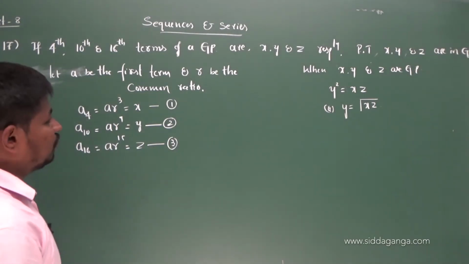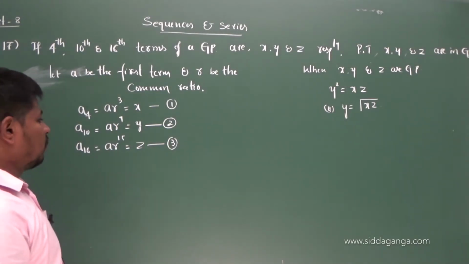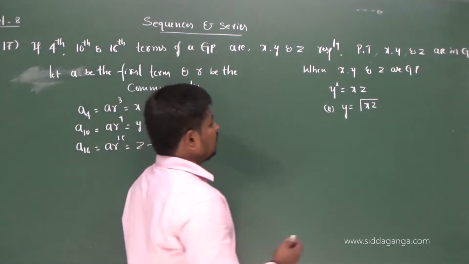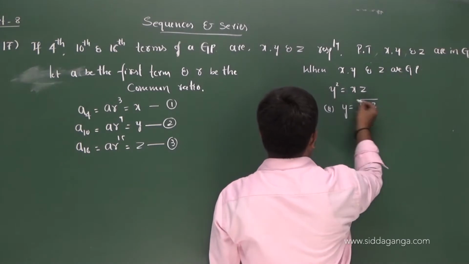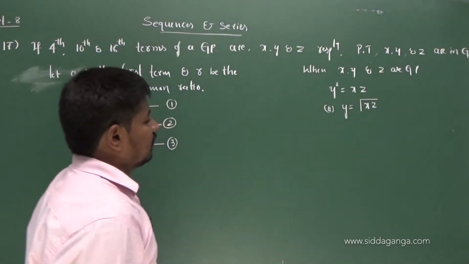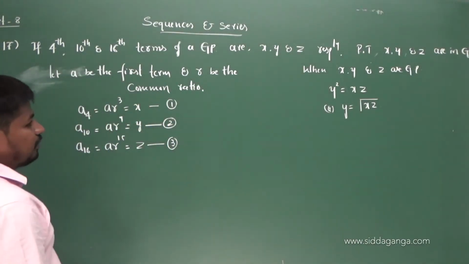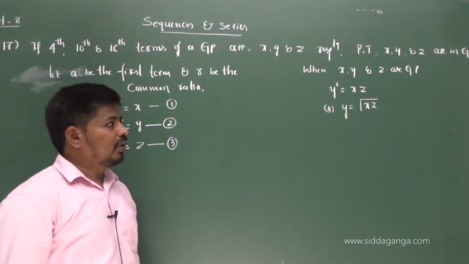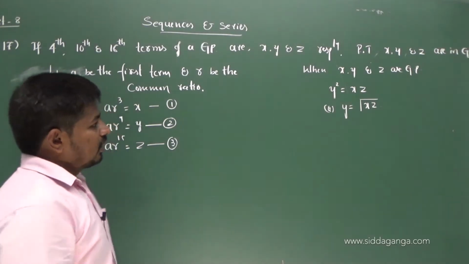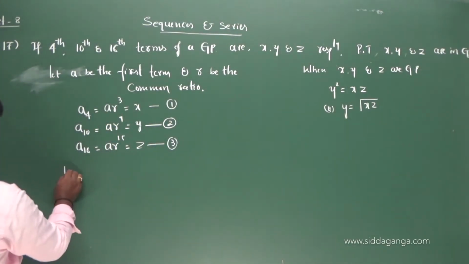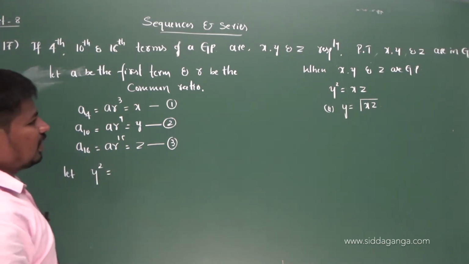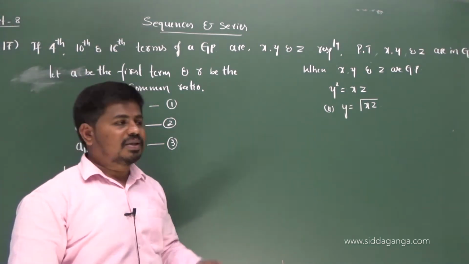Now we have to prove x, y, z are in GP. We know the condition for GP: when three numbers x, y, z are in GP, then y is called the geometric mean of the numbers x and z, and it is given by y square is equal to xz, or y is equal to root of xz. So let me take the LHS y square, and let me prove LHS is equal to RHS, that is equal to x into z.